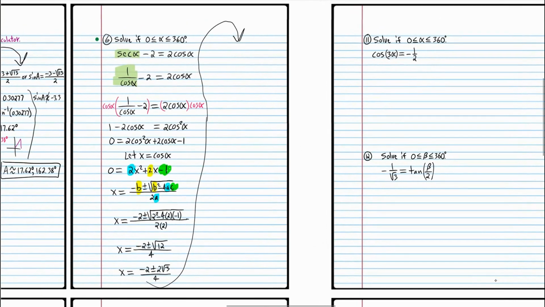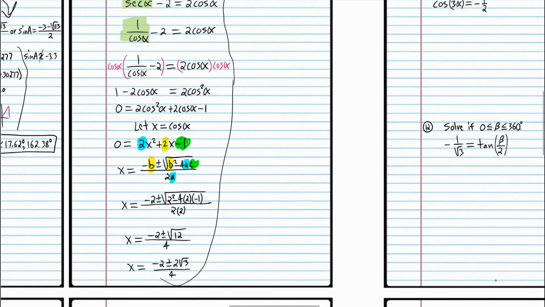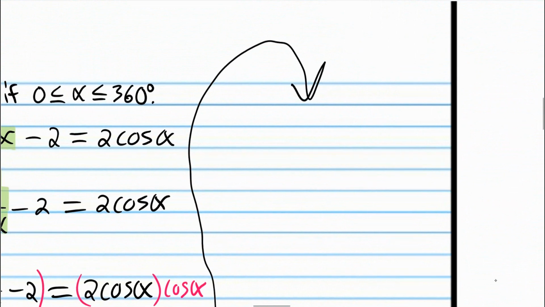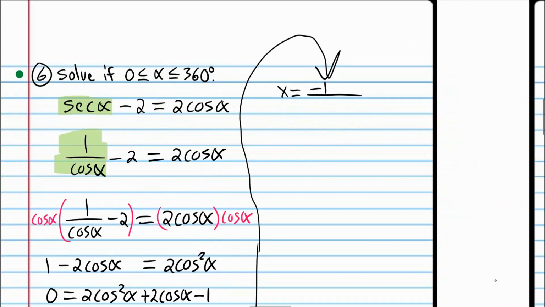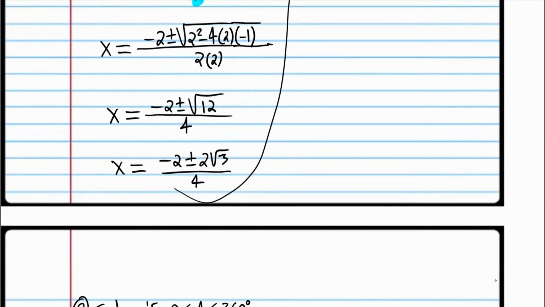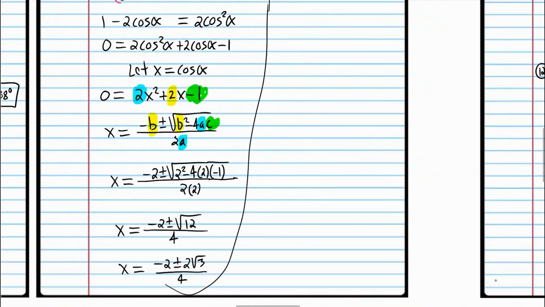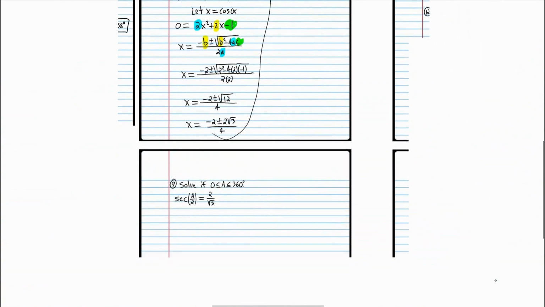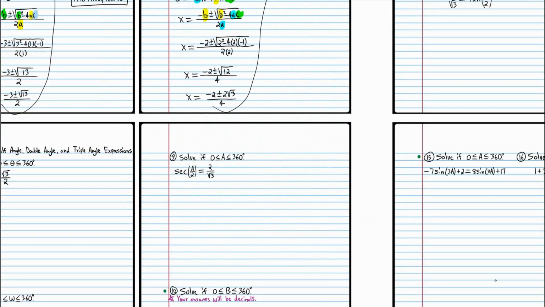So x is equal to negative 1. We're going to reduce that fraction so we can divide everything by 2. So we get negative 1 plus or minus root 3 over 2.